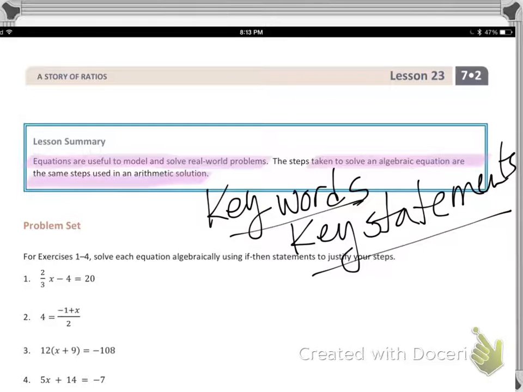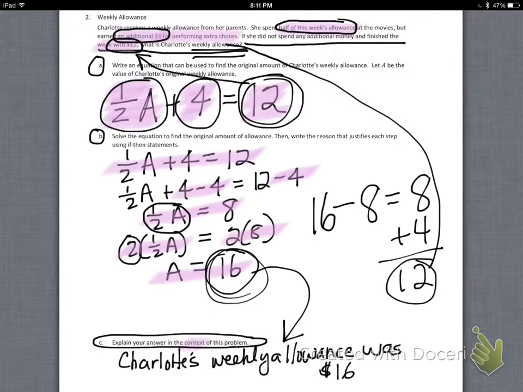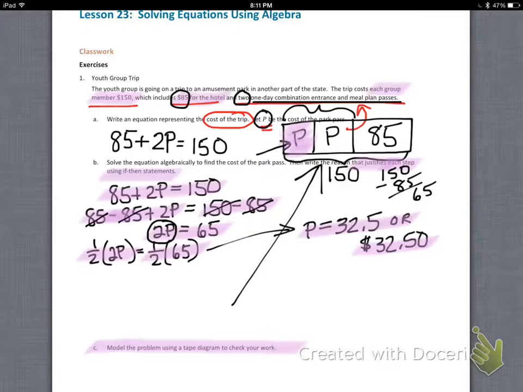So for example, let's go back all the way to the first one, the youth group trip. There were some key words in here. It said the youth group is going on a trip to an amusement park, another part of the state. The trip costs each group member $150. So we know total cost is $150. $85 on the hotel and a 2 one-day combination and meal plan pass.